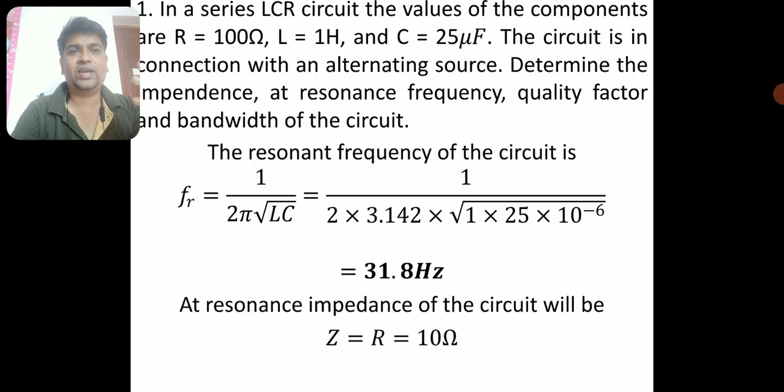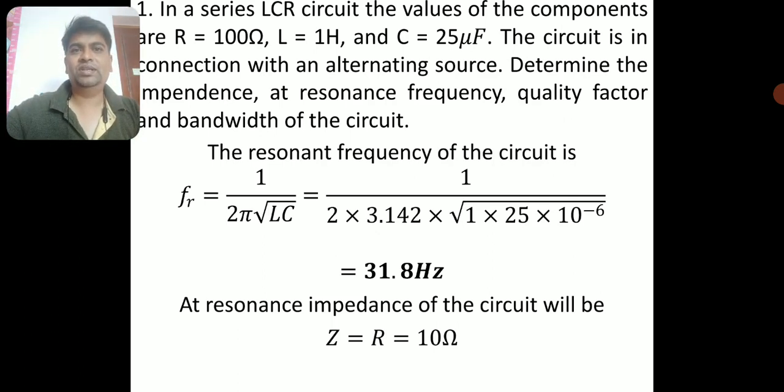If you do the calculation with your scientific calculator, the scientific calculator is allowed for the exams. Now you are in the degree, in the BSc, so you are allowed to take a scientific calculator into the examination hall. That was not allowed at the PUC level.